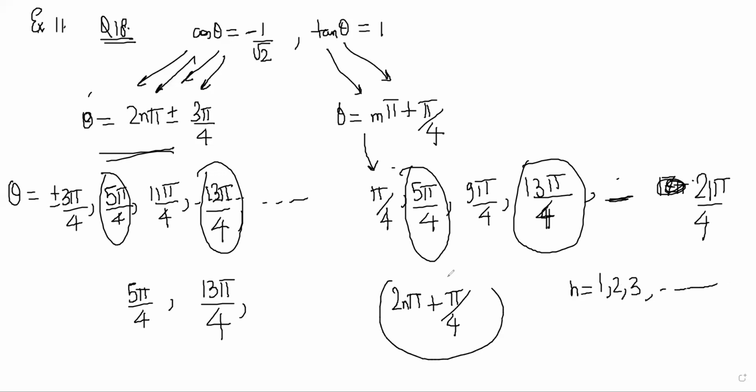It will give you all the angles. Okay, yes, sir. No, not 2 pi. n pi plus pi by 4, where n equal to 2 will not give the answer. So n can only be odd. Okay, fine.